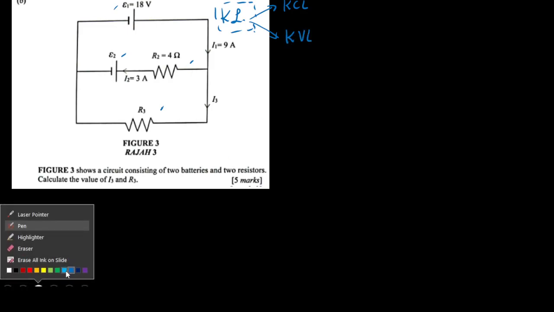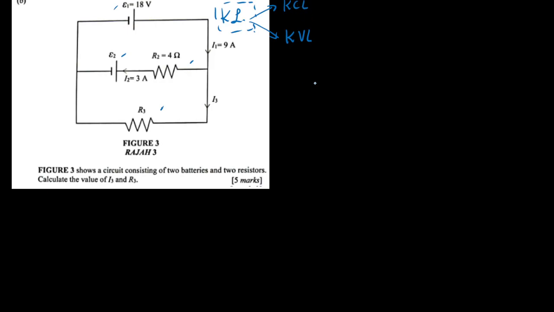Kirchhoff's law has two laws. Number one is the current law, and the second one is the voltage law. Let us apply the first part, which is the current law. If I choose a junction, let's say junction A, and apply the current law, what goes in must come out.